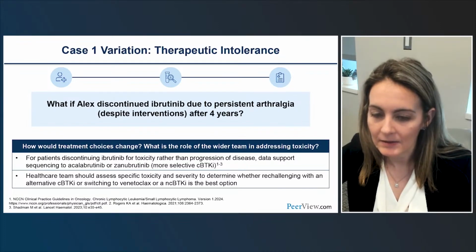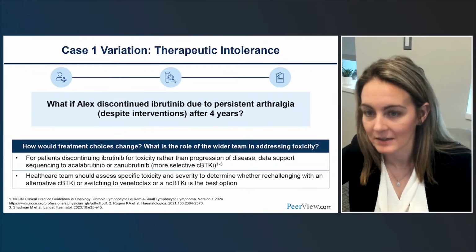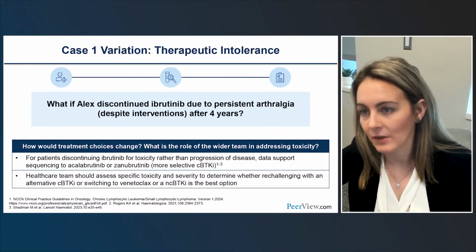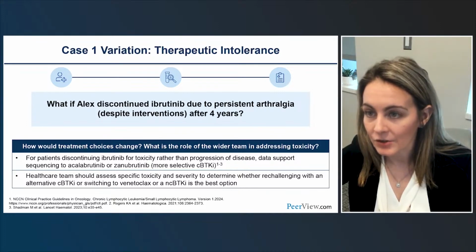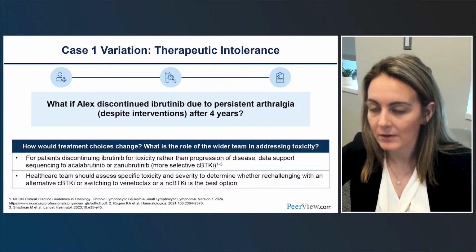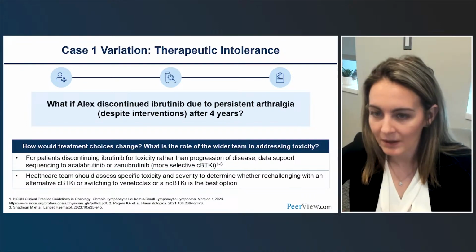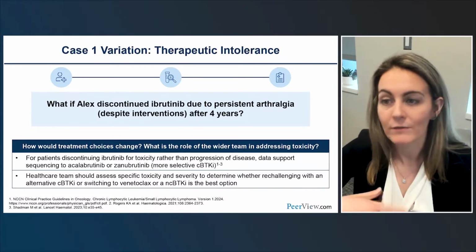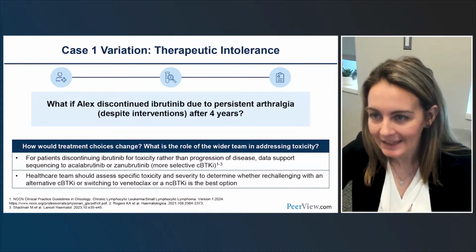And in the assessment of whether to switch therapies, it does require some assessment of what that toxicity was. So if it was, for example, major hemorrhage, the other BTK covalent inhibitors do have that risk as well. And so you might want to switch to a venetoclax-based regimen in that case.